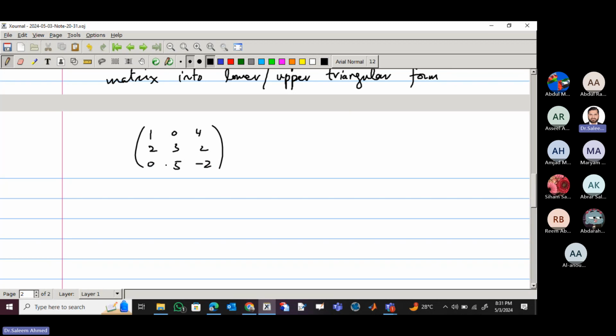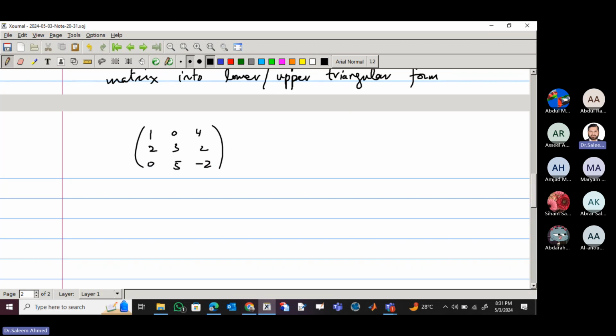It is not triangular because this 2 is not 0, this 5 is not 0. If you want, you can reduce it first. You can use this 1 to make this 2 0, R2 minus 2 R1. Nothing will change. Determinant will remain the same.